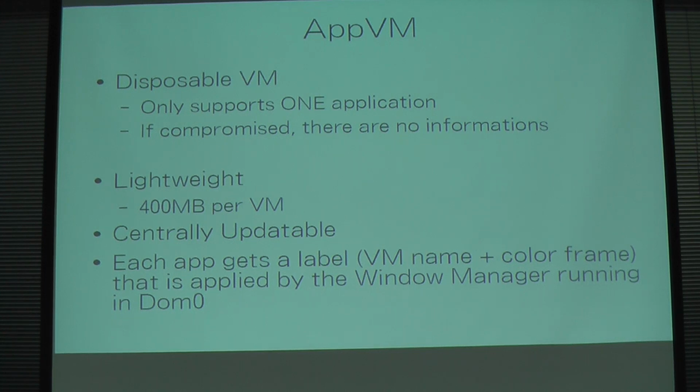A disposable VM only supports one application, and if the one application in this disposable VM is compromised, there is no other information and no other application, so it is secure.